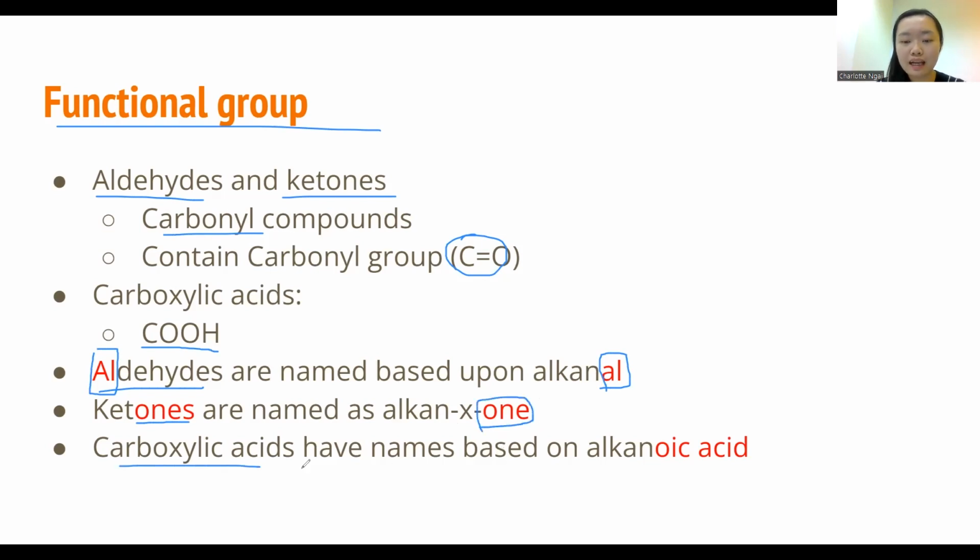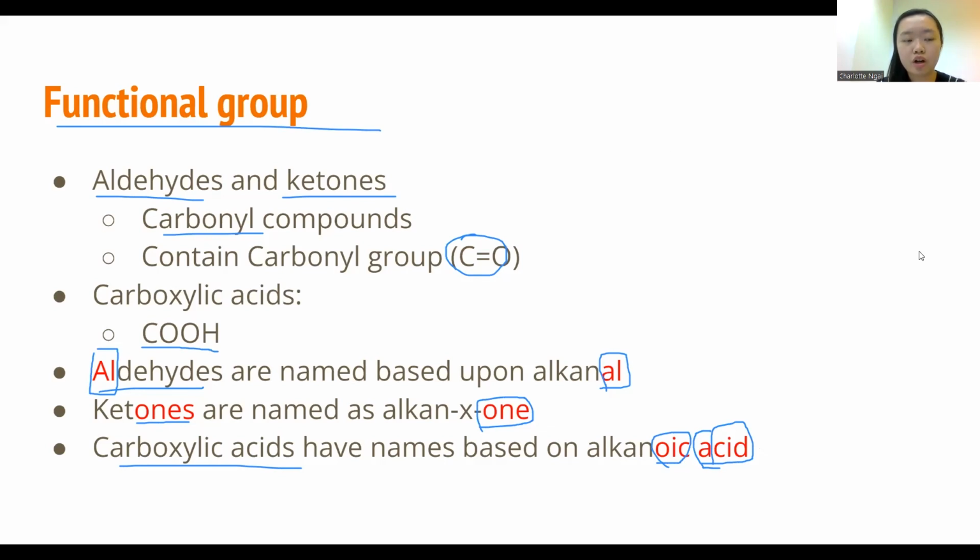And for carboxylic acid, we will keep OIC and also keep the word acid. After we find the longest carbon chain and the substituent group, we will change the end part to OIC and then acid. So here are some rules for naming the functional group.